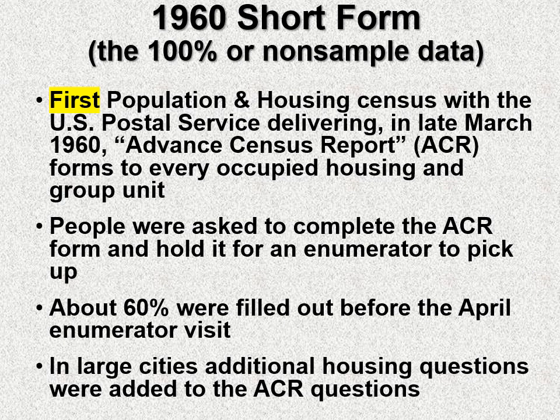So let's look at the short form. This is the form that was given to everybody to fill out. It was also what's called stage 1. The enumeration was done in 2 stages, stage 1 and stage 2. And so the Census Bureau was unhappy with past high rates of enumerator error, and it was often consistent throughout an individual enumerator's work area and characterized by all but the simplest questions.